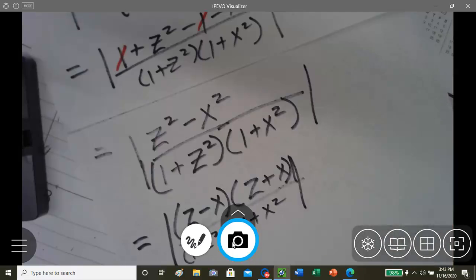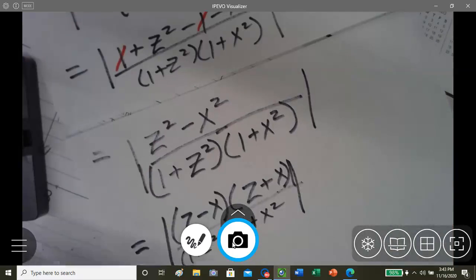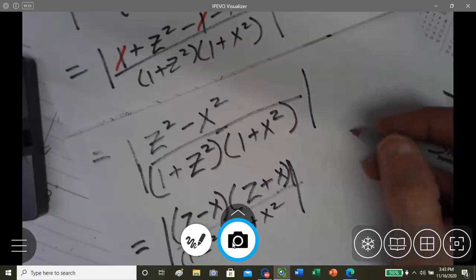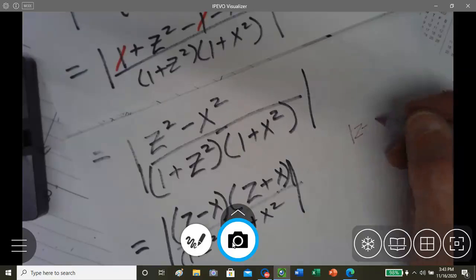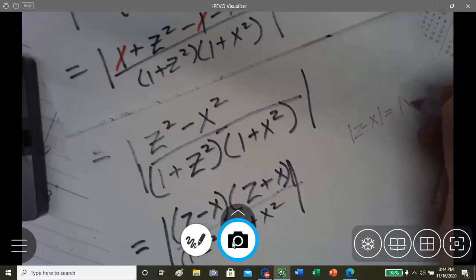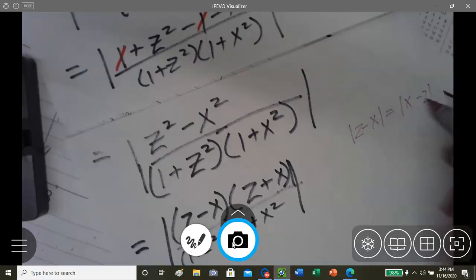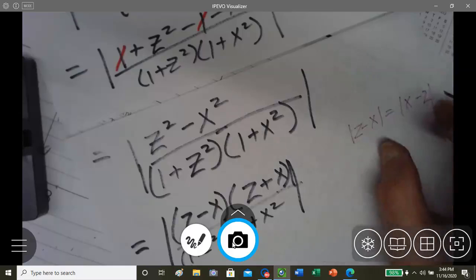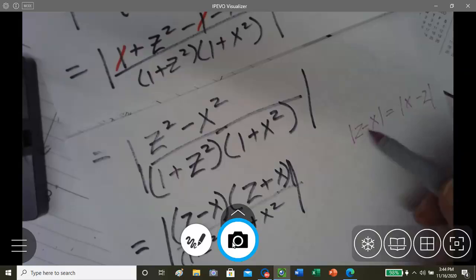Off to the side, the absolute value of z minus x is equivalent to the absolute value of x minus z, because even if it comes out negative, the absolute value makes it positive. So we're looking at just the number of units, basically the absolute value of the difference. So the absolute value of z minus x is the same as the absolute value of x minus z.